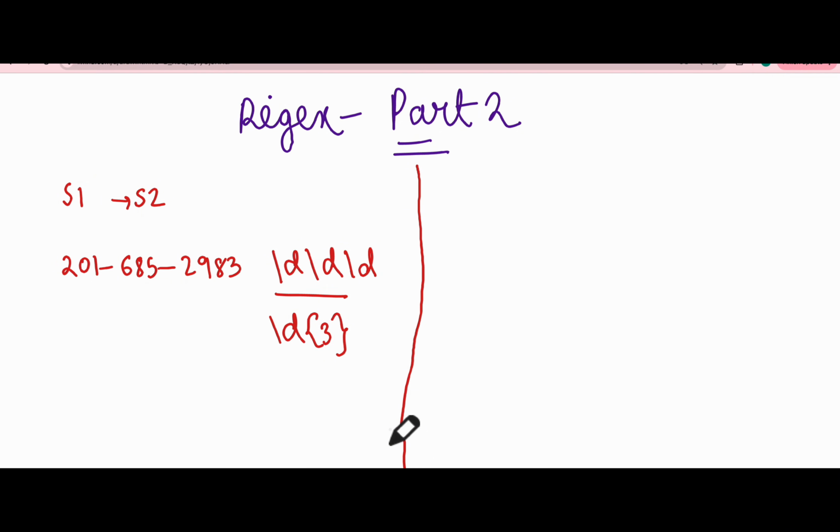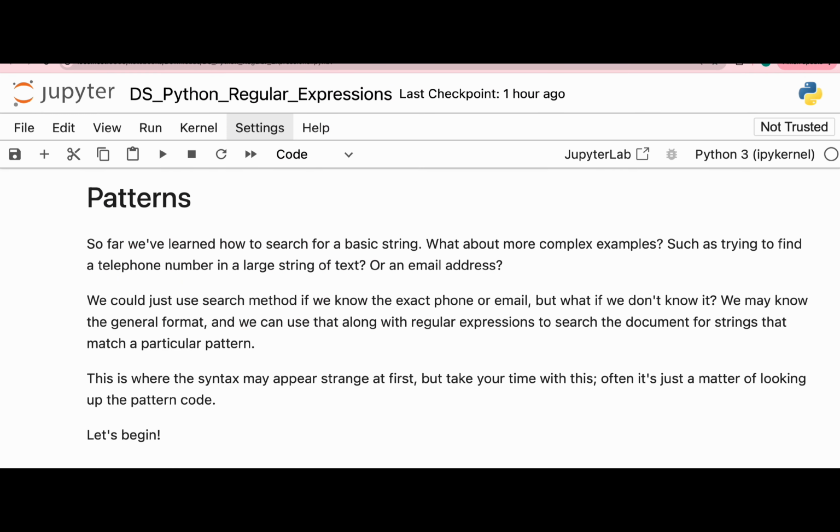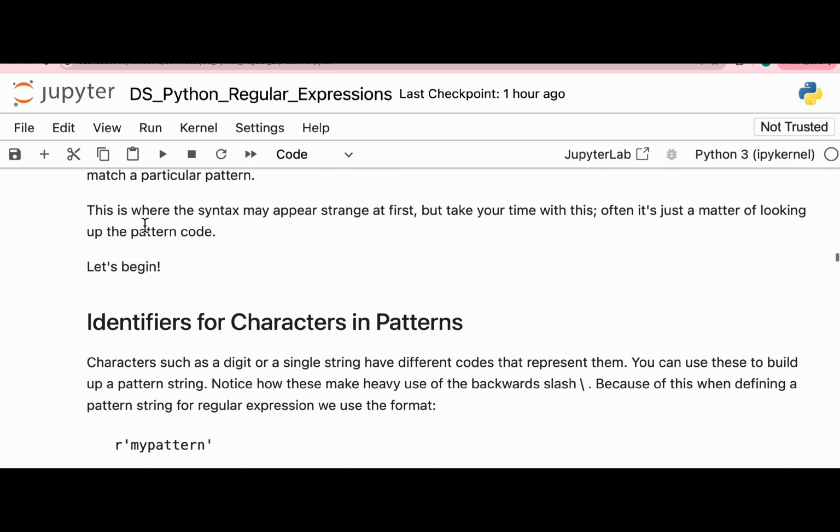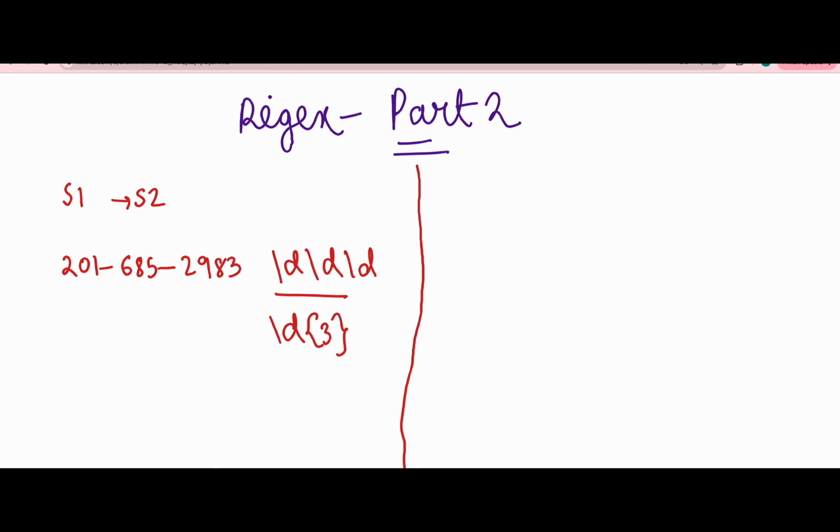So now let's come back to the discussion. Okay, so we'll go to our workbook. We are trying to identify patterns. What we saw is how to match a pattern: to tell Python that we are starting a pattern, we use r in this code, and here we write down whatever pattern is there.